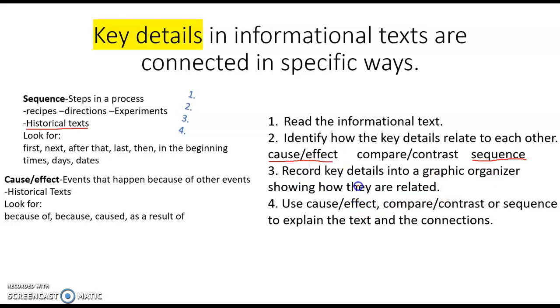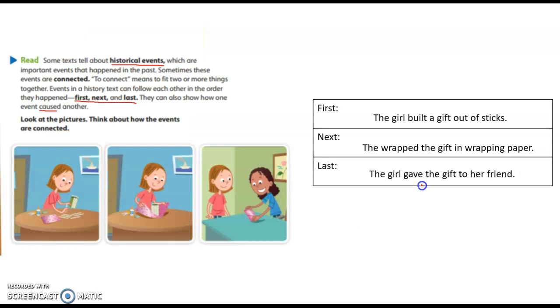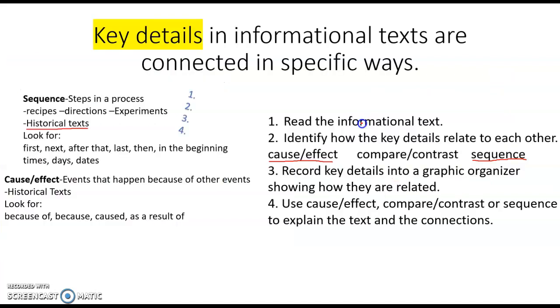So if you're choosing to take notes, you might have a graphic organizer that looks like this one right here. And then we're going to use those cause and effect words and those compare and contrast words and those sequence words to explain the text and their connections. So this week we're going to be looking at these cause and effect words and these sequence words, really.